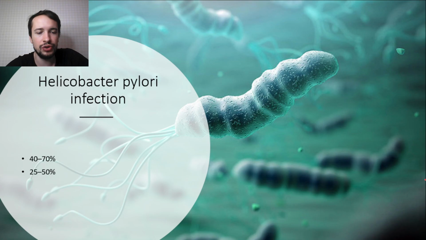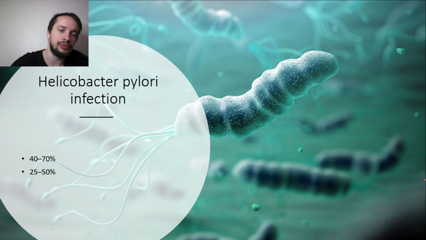Helicobacter pylori infection is associated with 40–70% of duodenal ulcers and 25–50% of gastric ulcers. The rate of Helicobacter pylori infection, and therefore the development of peptic ulcer disease, is decreasing.